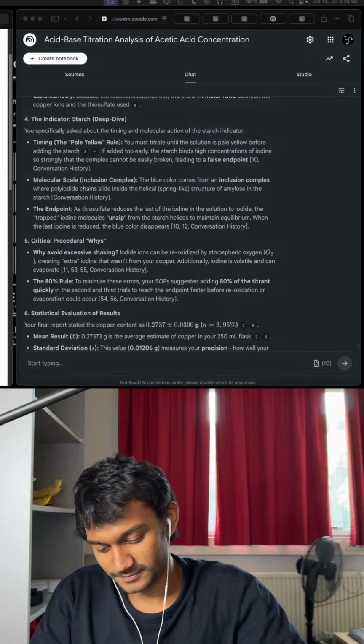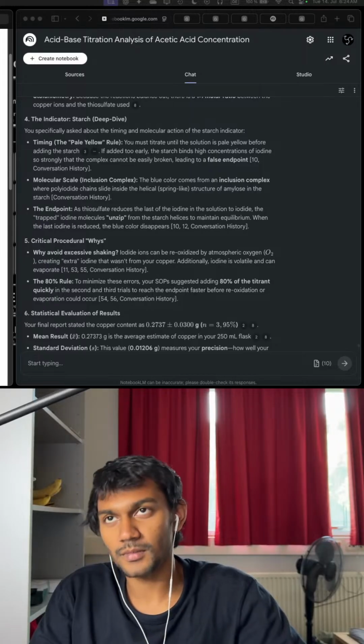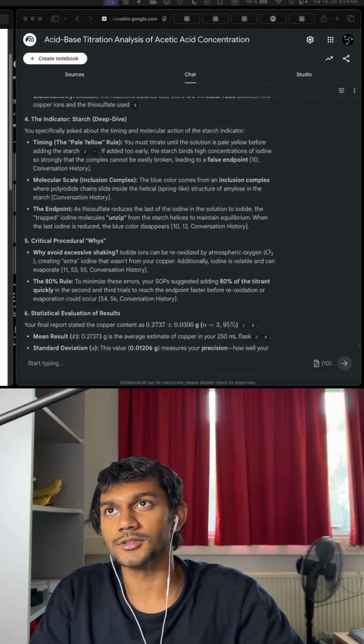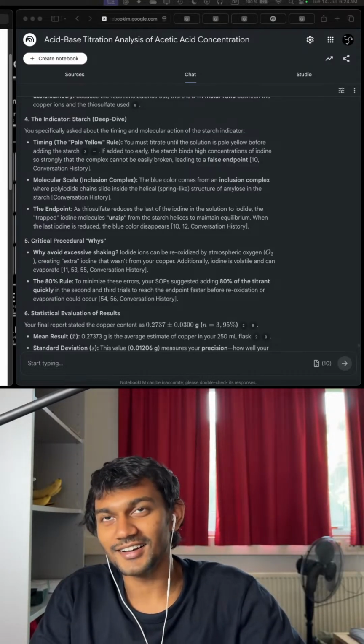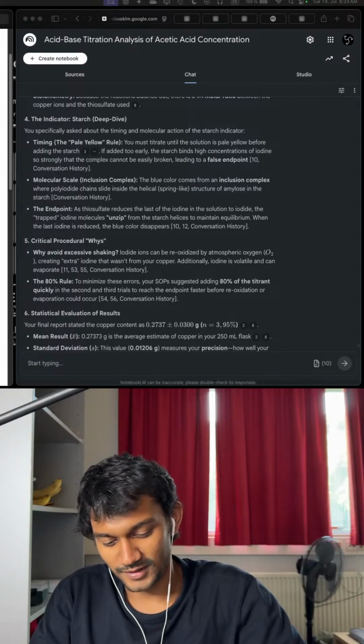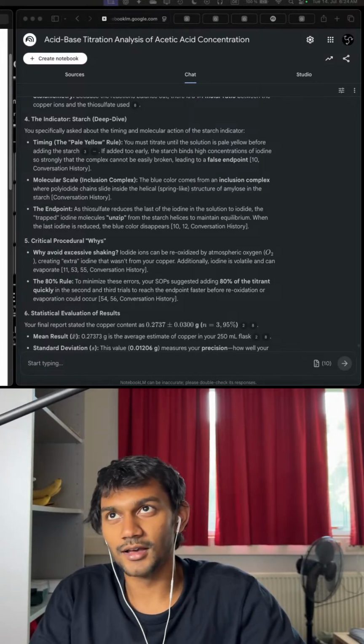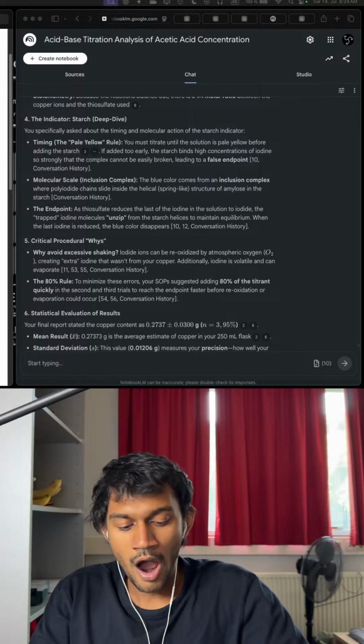Determination of copper(II) ions by iodometric titration.